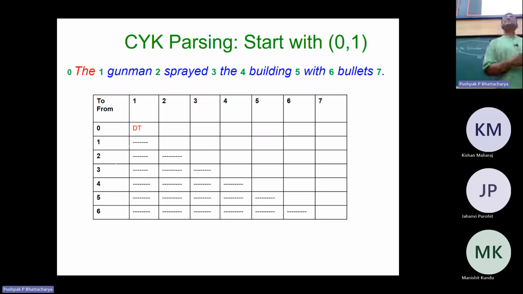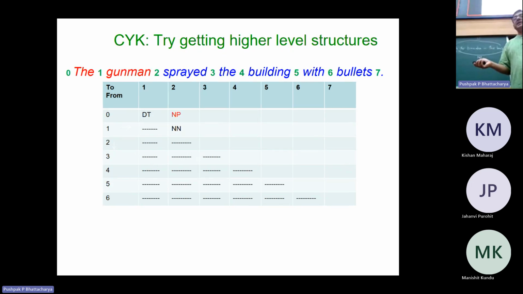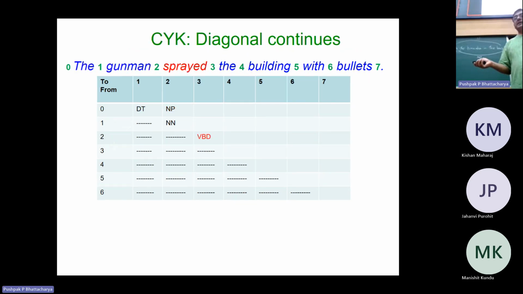So the processing is fine. First I see a DT between 0 and 1, which is fine. Then NN between 1 and 2, gunmen, fine. The moment I see this, I'll think of combining the two grammatical entities to form a bigger grammatical entity. So DT NN, there was a rule. This gives the noun phrase. So indeed, between 0 and 2, the gunmen, which is the noun phrase.